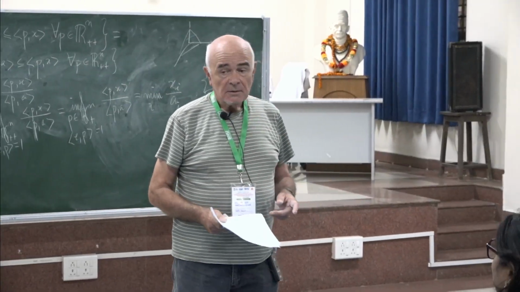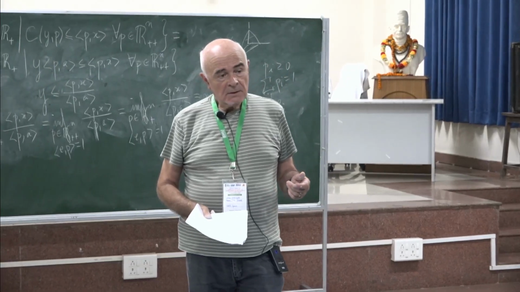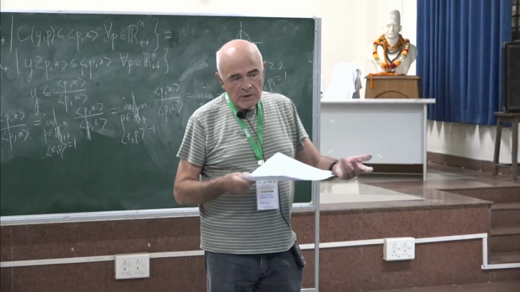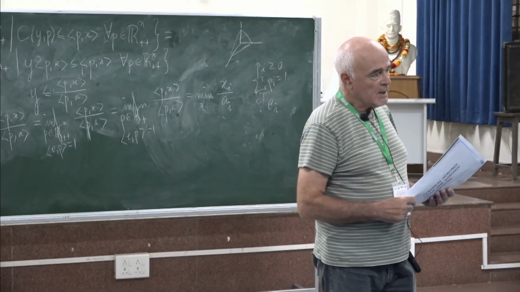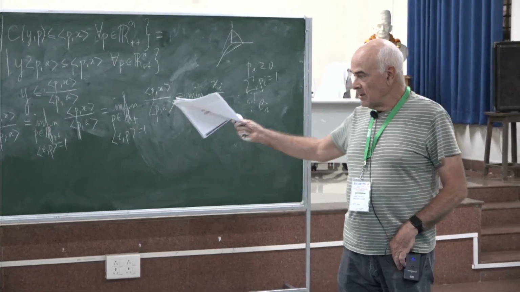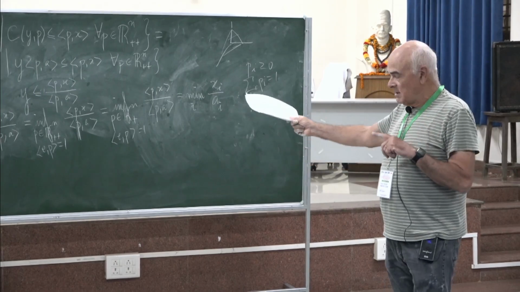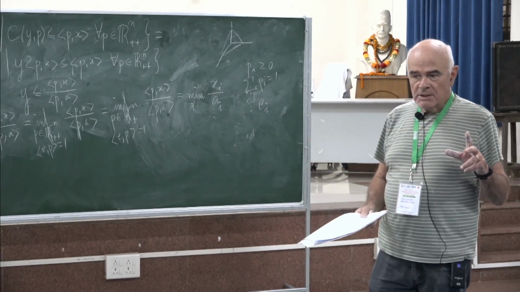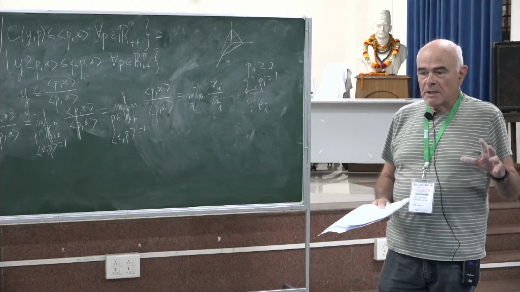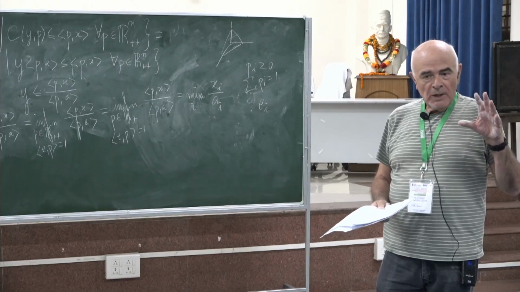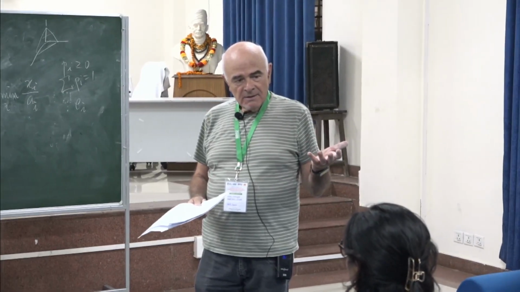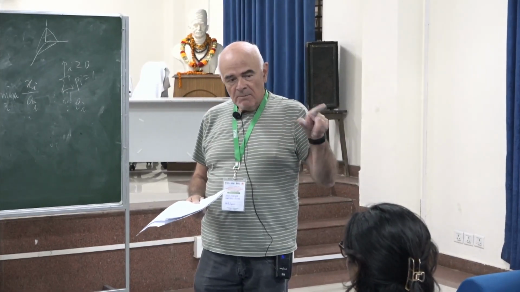In fact, this is quasi-convex. For quasi-concave, you have to change signs. But then, in fact, this is a characterization of quasi-convexity. So a function is quasi-convex, and it follows immediately from what I said, if and only if on every compact convex set, it attains its maximum at some extreme point.